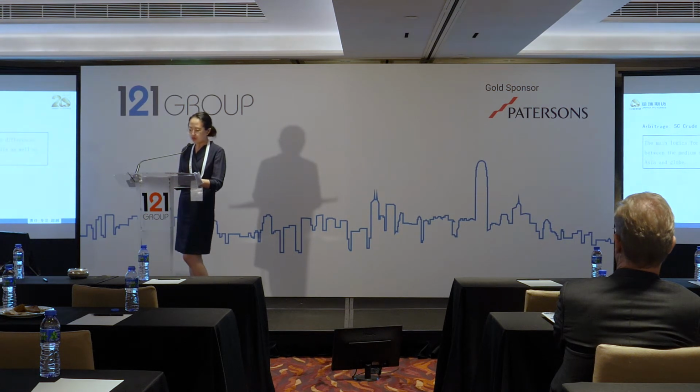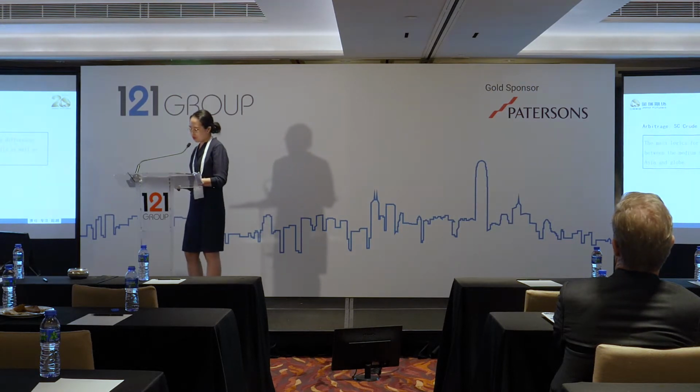The main logic for this is the demand and supply differences between medium and sweet crude oils, as well as Asia and global. However, because the delivery method of Brent is cash settlement, this arbitrage logic might not be appropriate to apply until the SC crude oil futures market becomes mature.